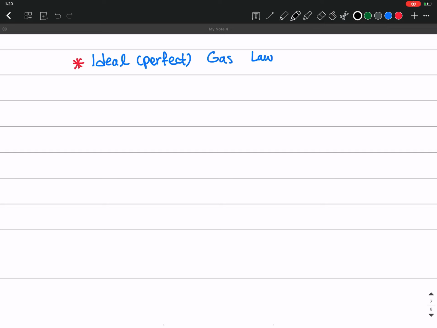So now I want to talk about the ideal or perfect gas law. This is just a reminder for you, because this is also important for some fluids problems. You should have studied this before, but I will give you what the ideal or perfect gas law is. Sometimes in some problems you might use it just for relating pressure with temperature.